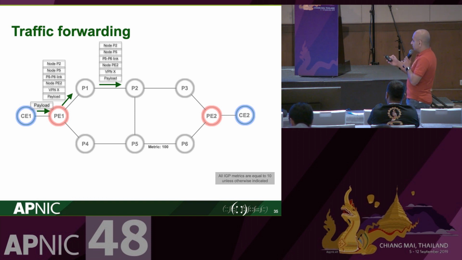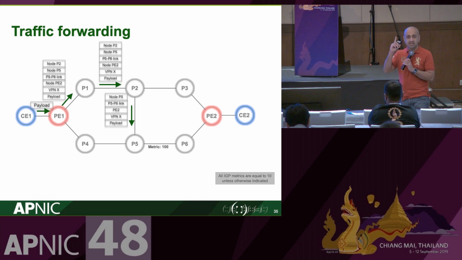So it takes the label for P2 and replaces it with the label for P2. It gets to P2. The top label belongs to P2, so it pops it, because you've made it. Then P2 looks at the new top label, which is P5, and it knows that the way to get to P5 is the direct link. So it sends it to P5.